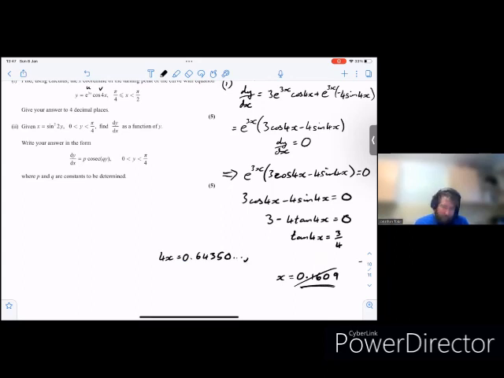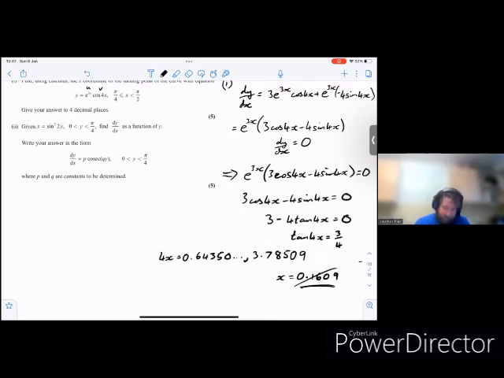So for tan, we add 180 to that. So 0.6435 plus 180, plus pi, is 3.7509.